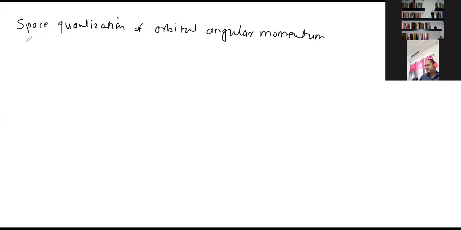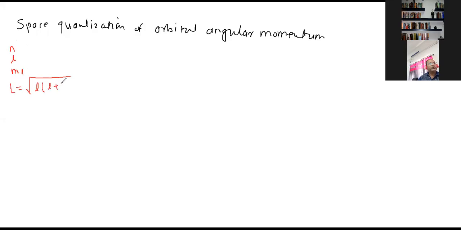We got the three things: one is N, then L and ML. Is it right? And also we have written the value of the L. What formula was given for L? L is square root of what?